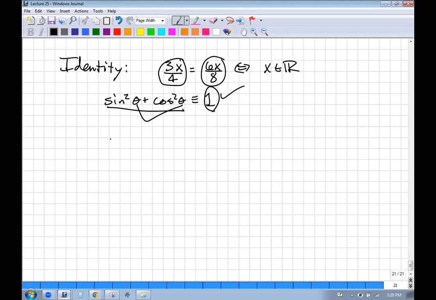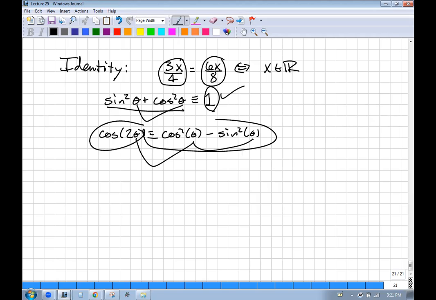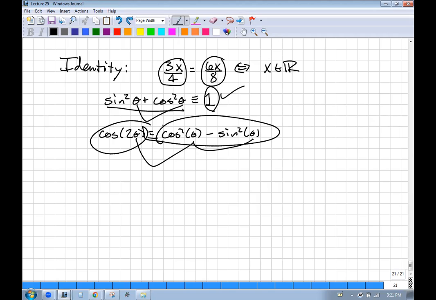Like cosine of 2 theta is the same thing as cosine squared of theta minus sine squared of theta. This is an identity because no matter what number you plug in for theta, this is equal to that. So anytime you see this, you can replace it with that.